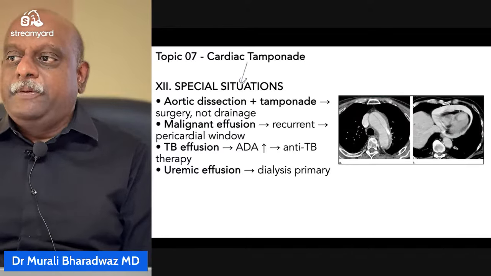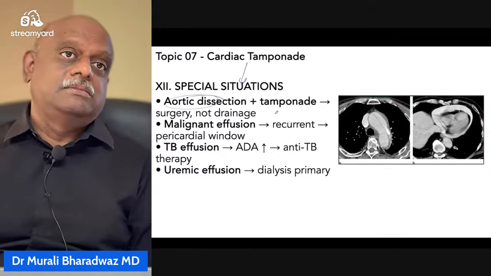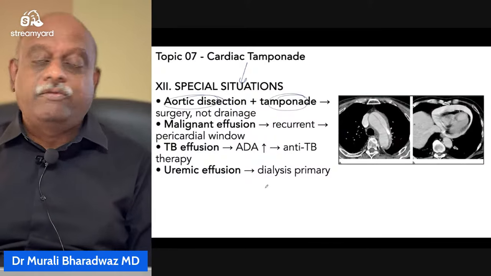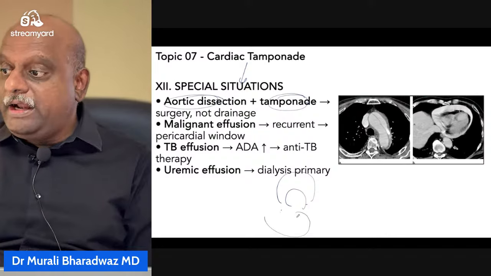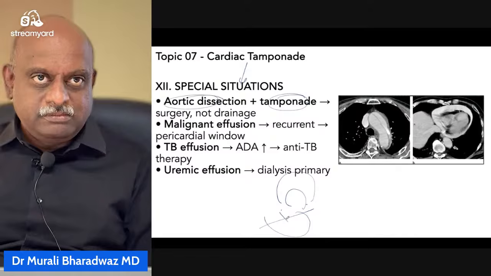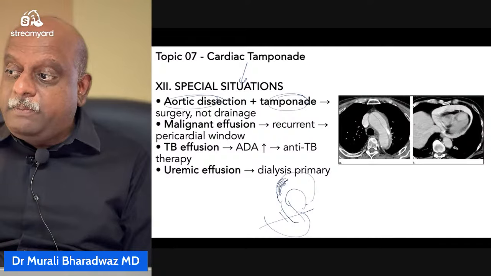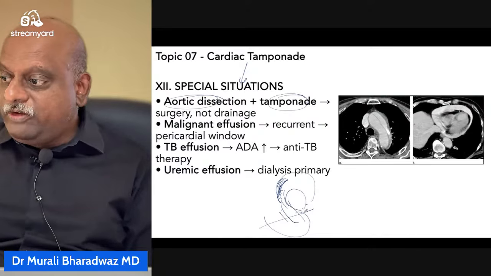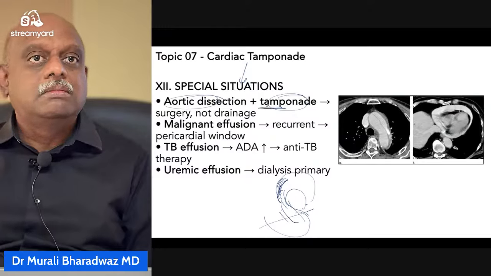So cardiac tamponade. Whenever there is any aortic dissection, it can lead to tamponade. Right? Why does aortic dissection lead to tamponade? The ascending aorta arises from the left ventricle. So if there is an aortic dissection, blood seeps through the wall of the aorta into the pericardium. That leads to tamponade.